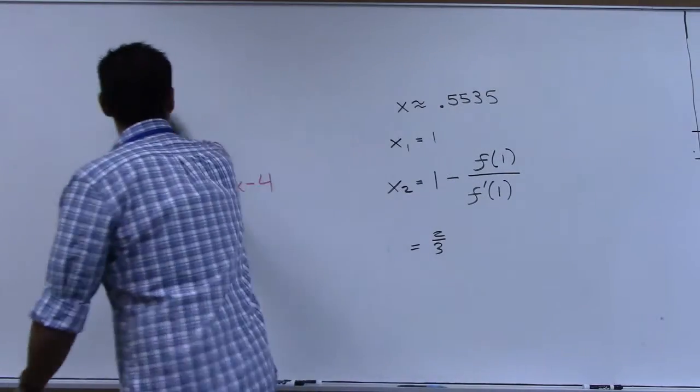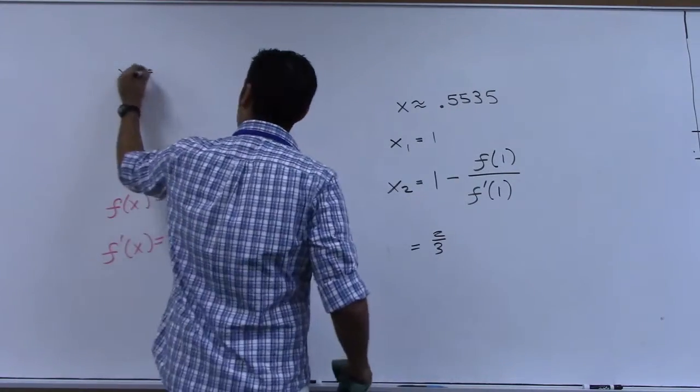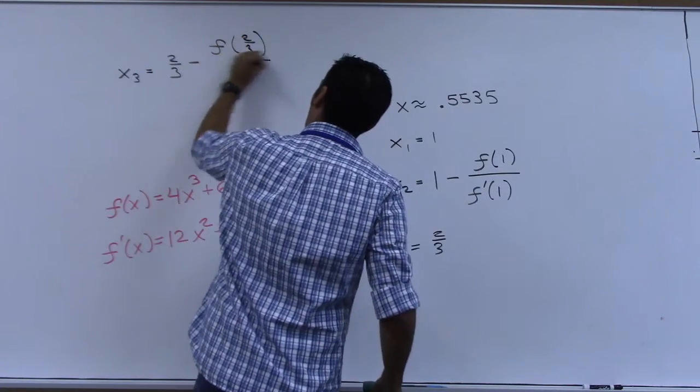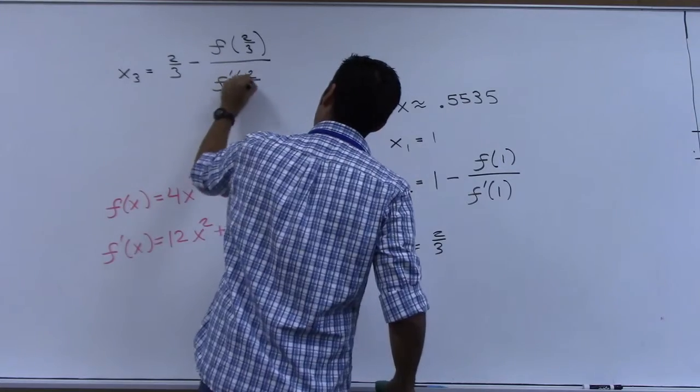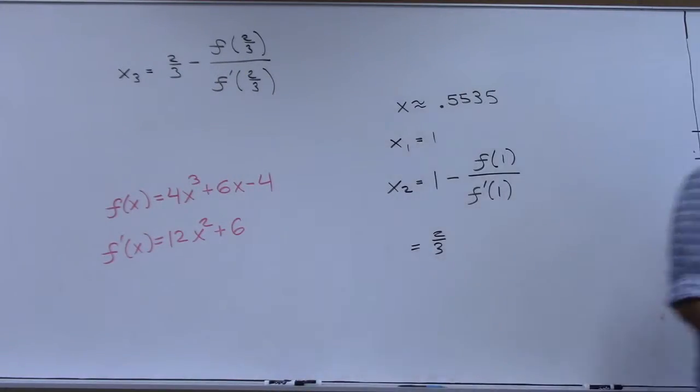So let's now get x sub 3. X sub 3 is 2/3 minus f of 2/3 over the derivative at 2/3. You understand the computational nightmare this is for us by hand, yes? This is why a computer's so good with this. So I'm going to take 2/3, subtract f of 2/3 and divide by g of 2/3.